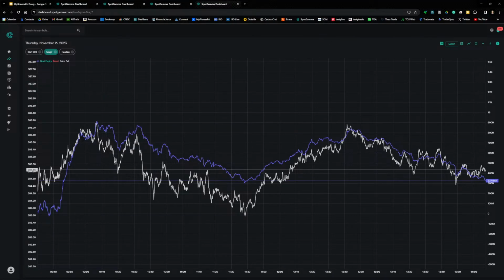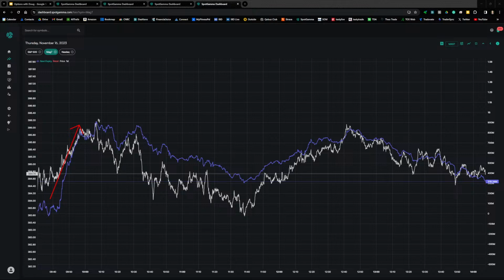And note, right around 9:45, traders start taking positive delta positions pretty aggressively, and then that activity ceases. They take the foot off the gas around 10 to 10:30, then price moves lower.